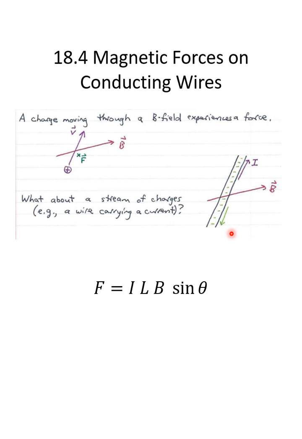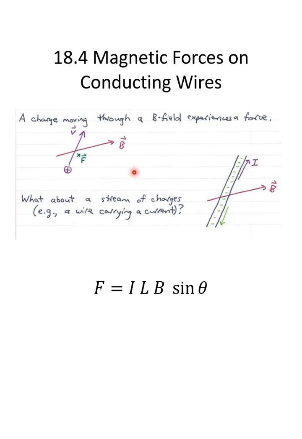But as we use the right-hand rule, we're going to think of it as the direction of positive current, going in the direction that a positive charge would go. So we'll use the right-hand rule, and just like the picture up and to the left of the single charge, the force on this wire is also going to be into the page.